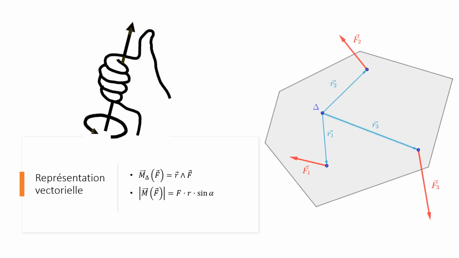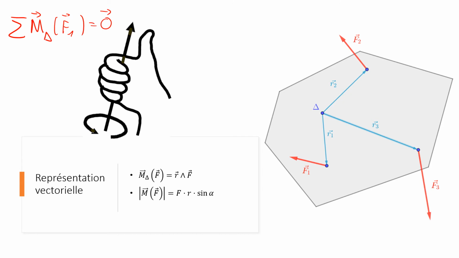There's a mathematical way to define the torque of a force. With what we know now, we can rewrite the equilibrium of rotation equation by simply saying that the vector sum of all the different torques around axis delta of all the different forces needs to be equal to the null vector.